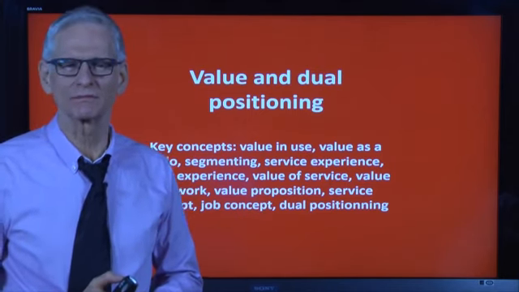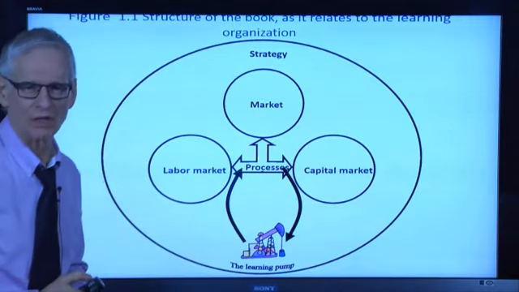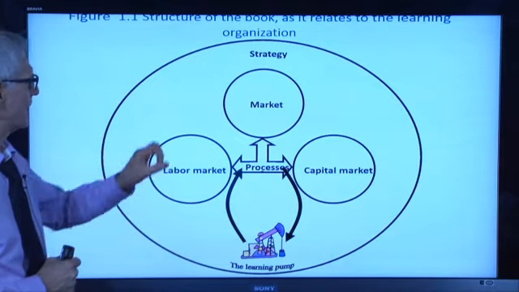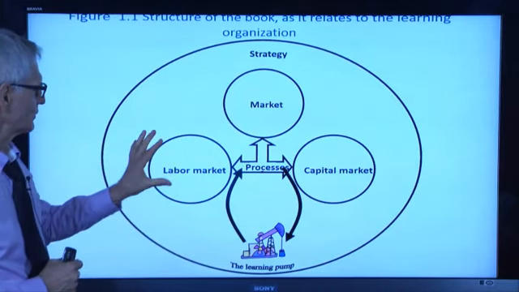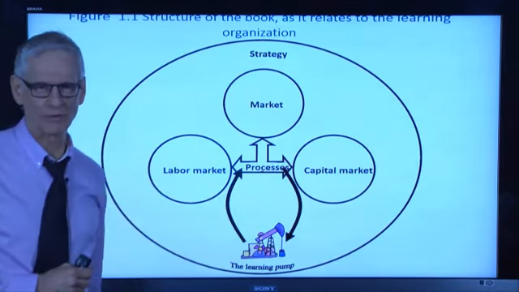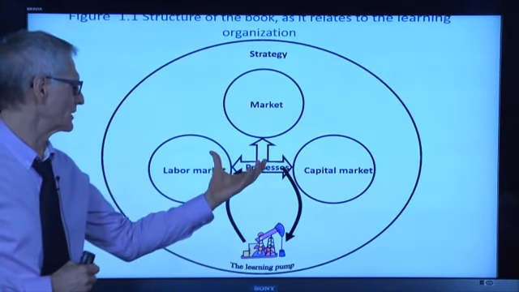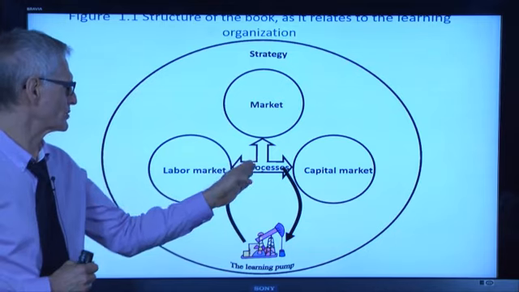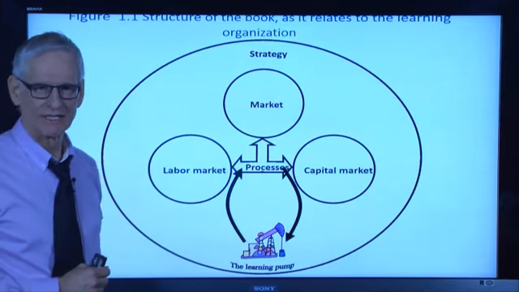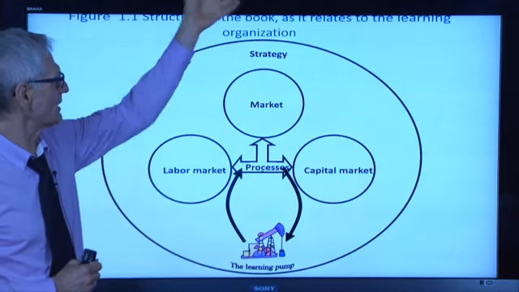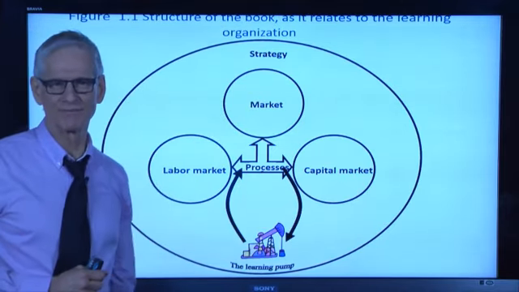Let's start with the introduction of the book, where I present chapter 1, value creation for the market, for the labor market, and for the capital market. And at the center, our topic really is the connection between the processes and value creation. Value creation, the market, and then here outside there's competitors.